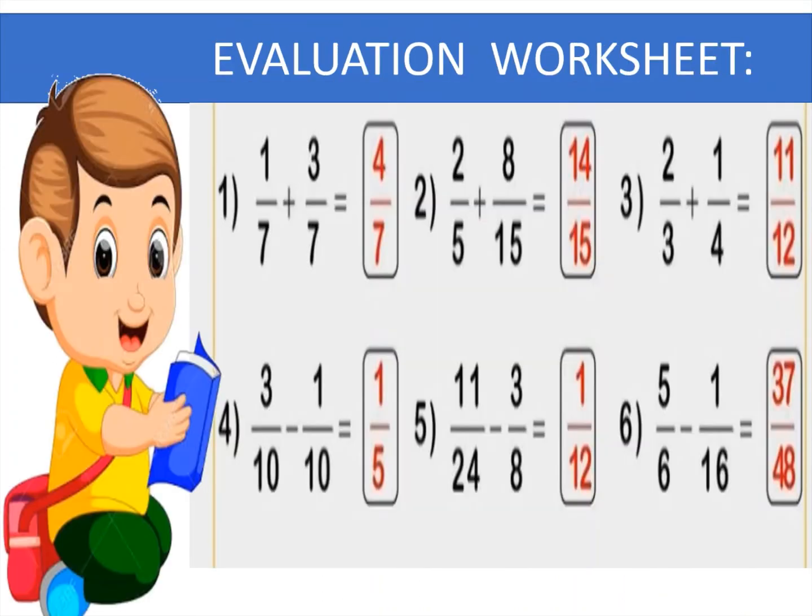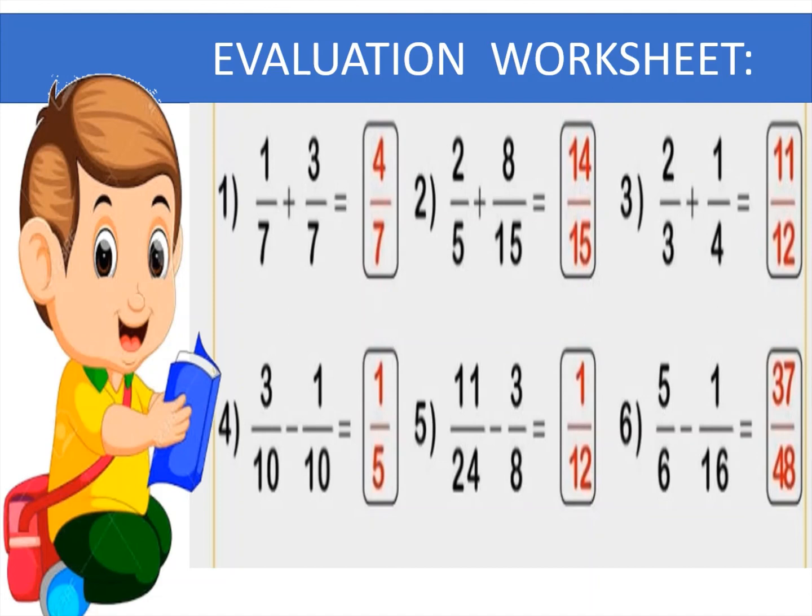Now here is an evaluation worksheet. Try out the fractions, add and subtract as well. Practice it in your rough notebook or on a rough sheet. Check first whether it is like fraction or unlike fraction. If it is like fraction, add or subtract the numerators and copy the denominator.